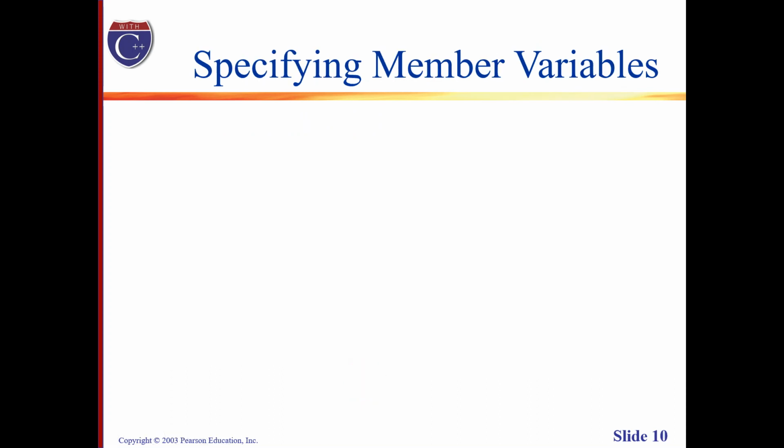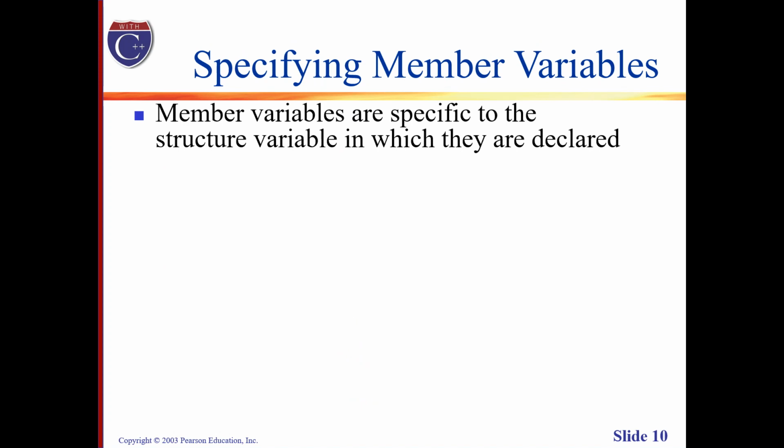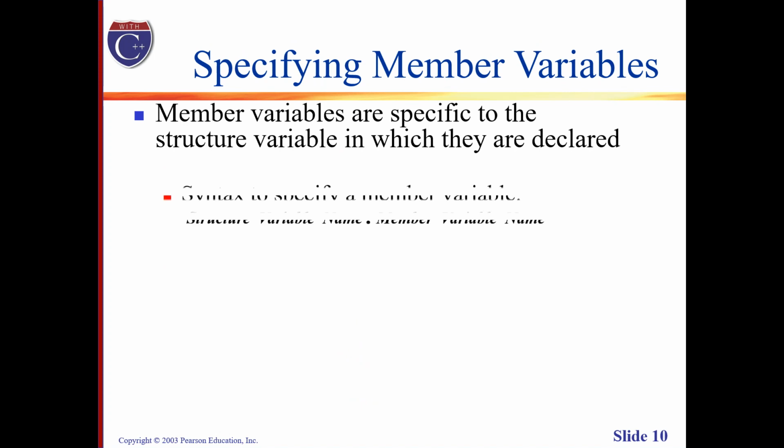Now, how do we specify member variables? Member variables are specific to the structure variable in which they are declared, which means whenever we would like to access a certain member variable of a structure, we will have to indicate them explicitly.